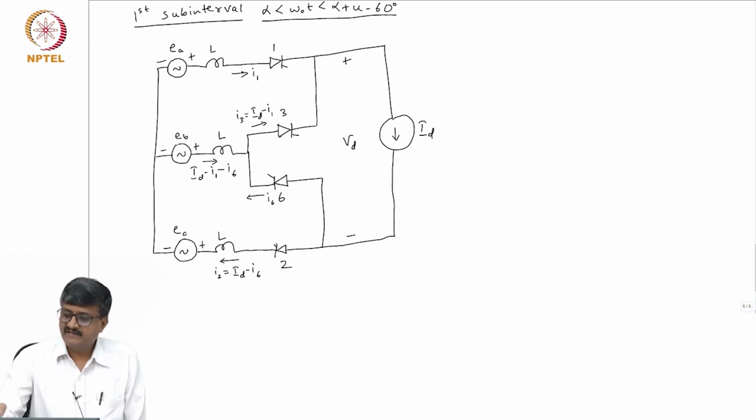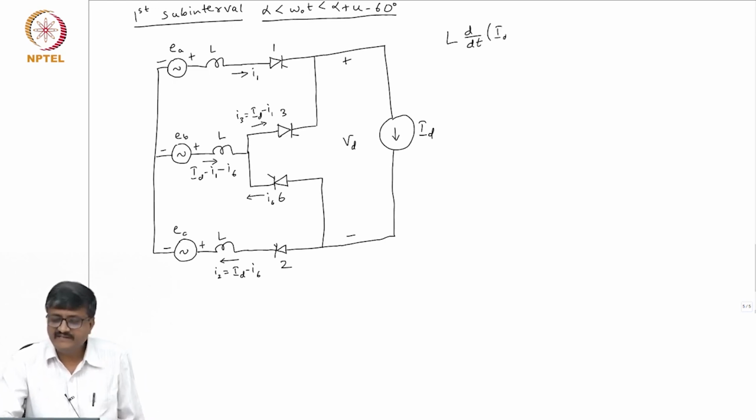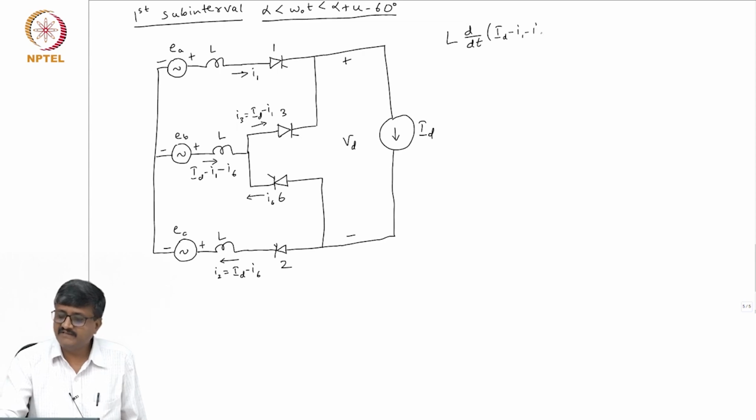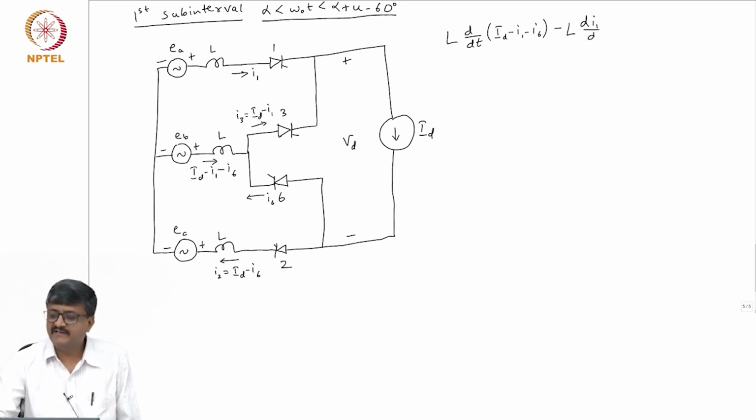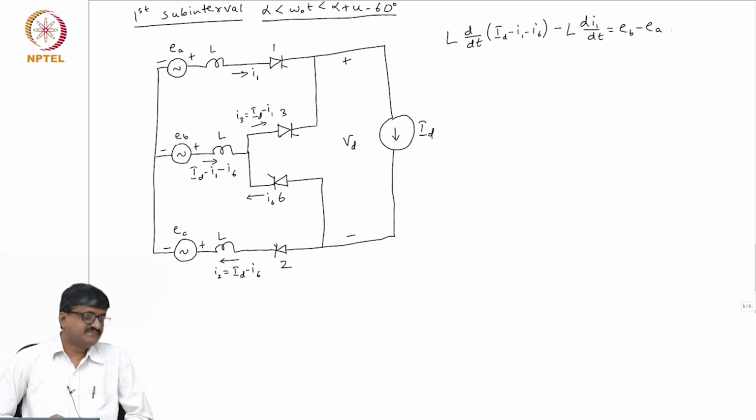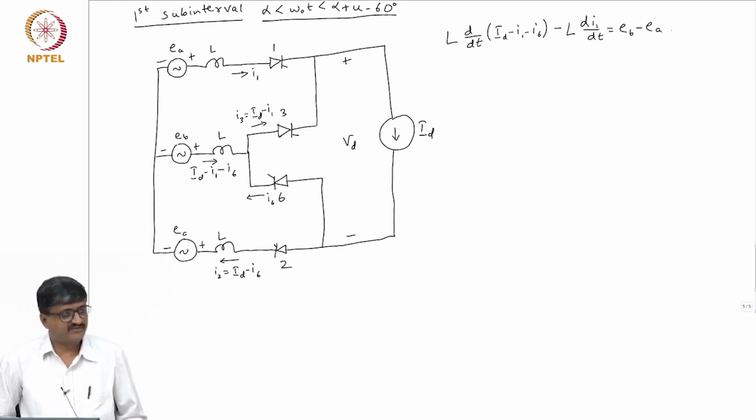So, if I apply Kirchhoff's voltage law, I get L d by dt of ID minus I1 minus I6 minus L dI1 by dt is equal to EB minus EA. Is that okay?